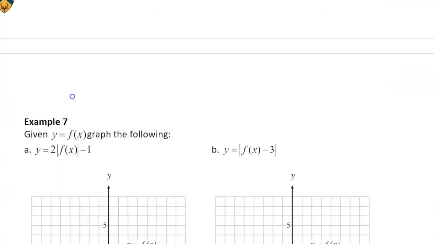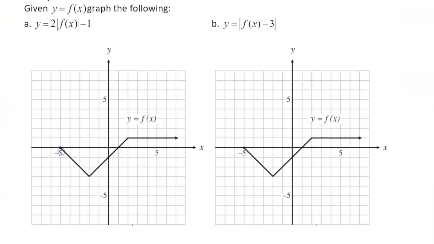We have one final example right here, and this is good in terms of working on our order of operations. So here we have an absolute value happening to our function. So when you have absolute value, you want to do that transformation first.